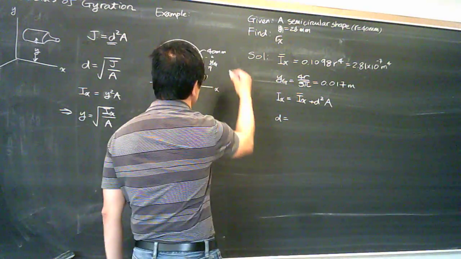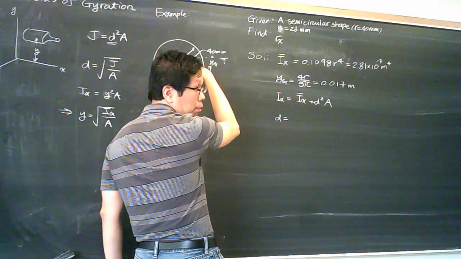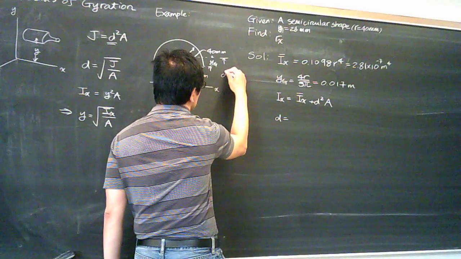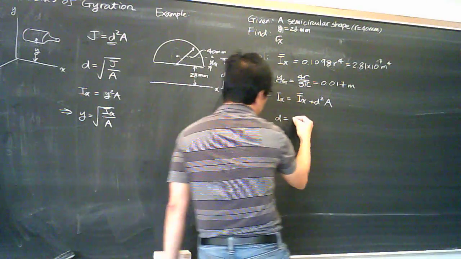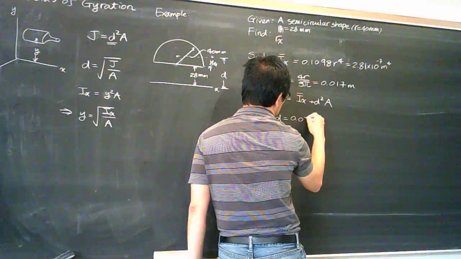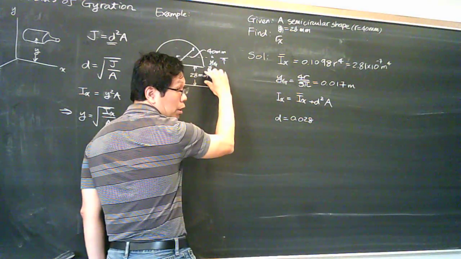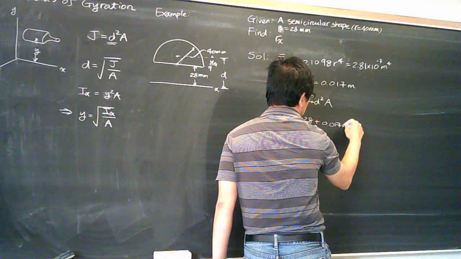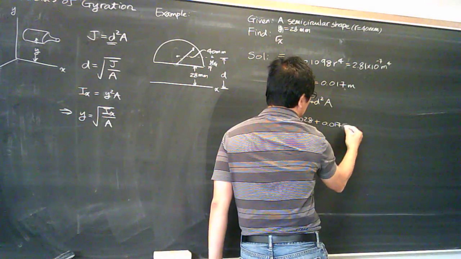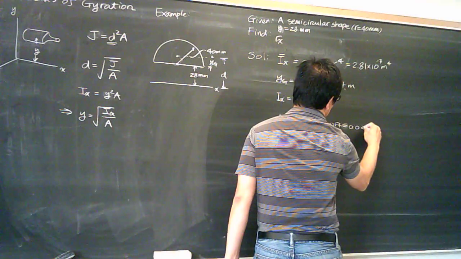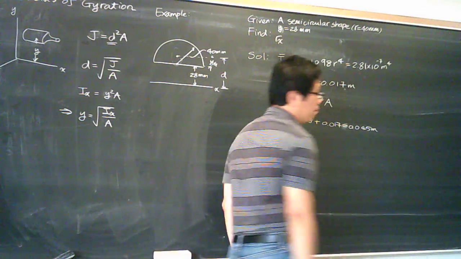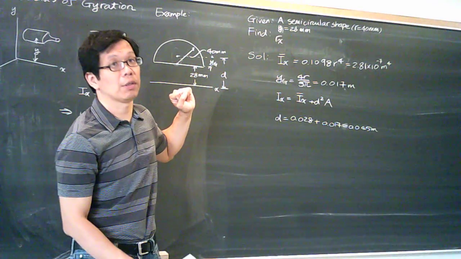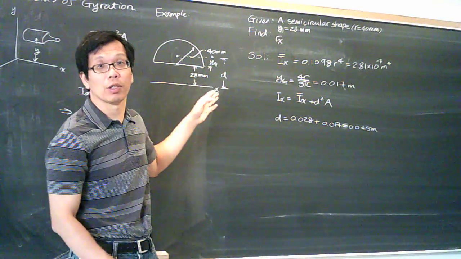In this case, the d is between the centroid and the axis you are interested in. So in this case, my d is going to be 28 millimeter plus 17 millimeter over here, which gives me that d over here. Everybody understand which portion I'm talking about?